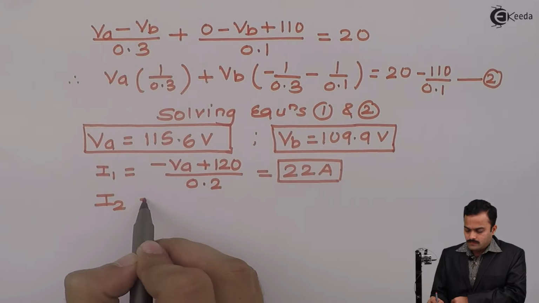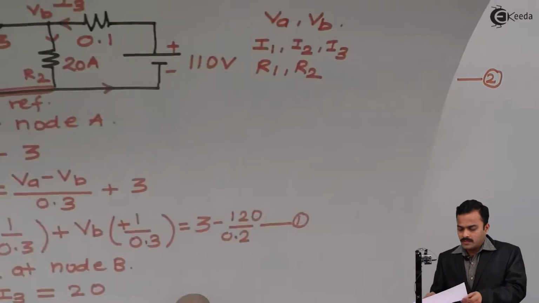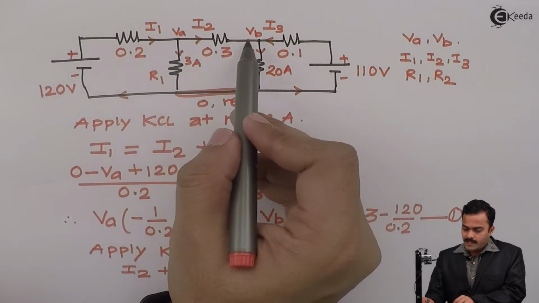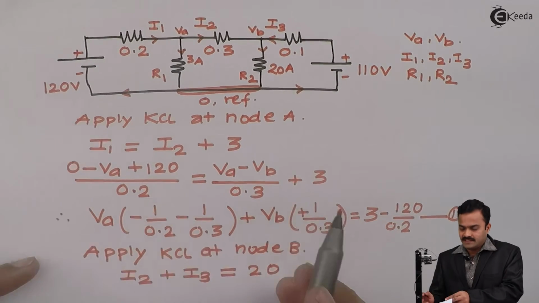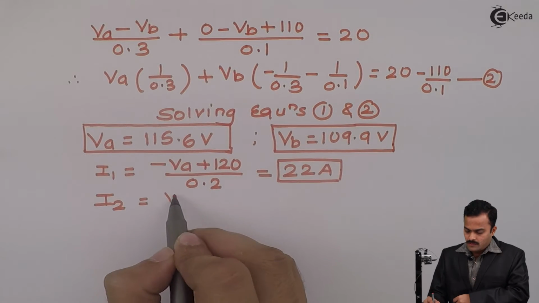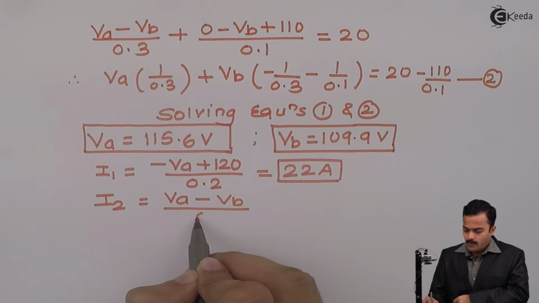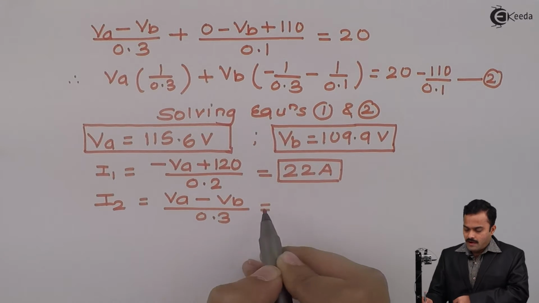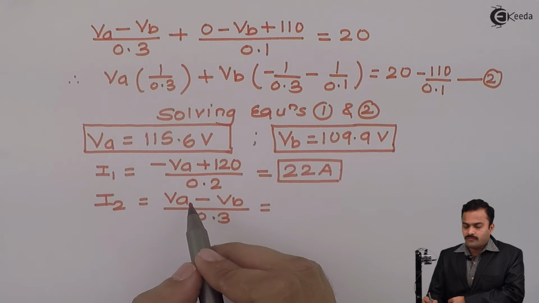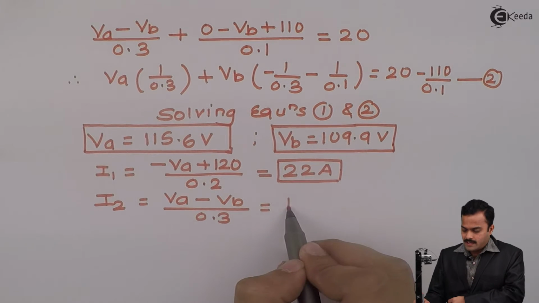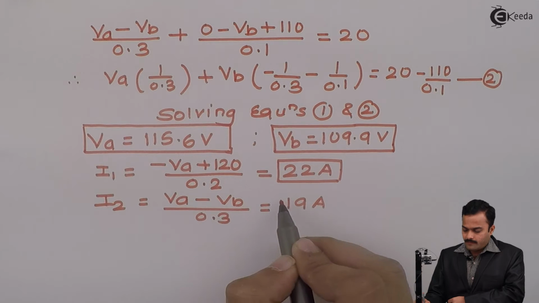Similarly I2 equals VA minus VB upon 0.3. After substituting the values of VA and VB, I will get answer 19 ampere.